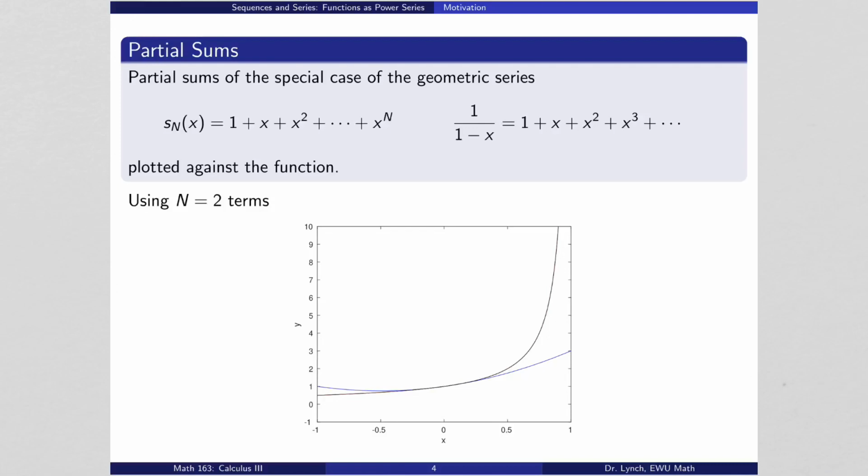So here it is with N equals 2 in blue and our function 1 over 1 minus x in black. Here's N equals 5 in blue. Here's N equals 8 in blue. Here's N equals 11 in blue. And you can imagine as N gets larger, the partial sum of the power series is a better and better approximation of the actual function.